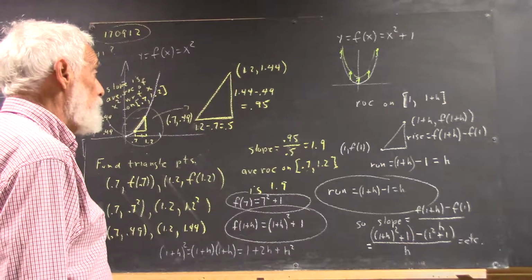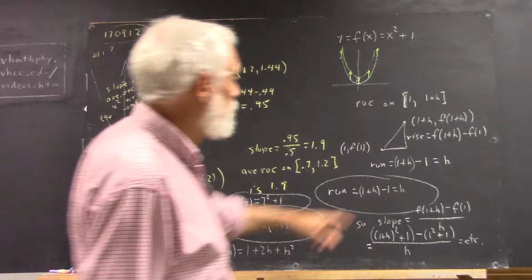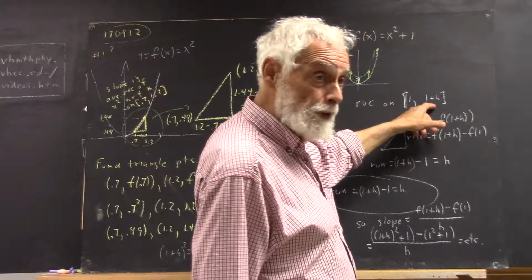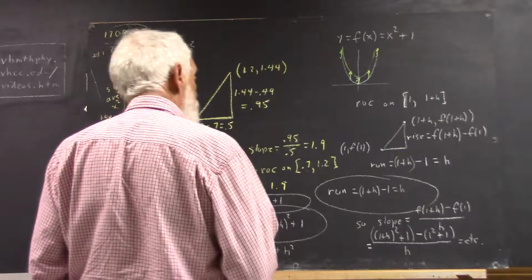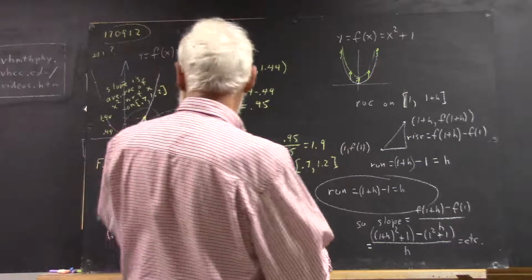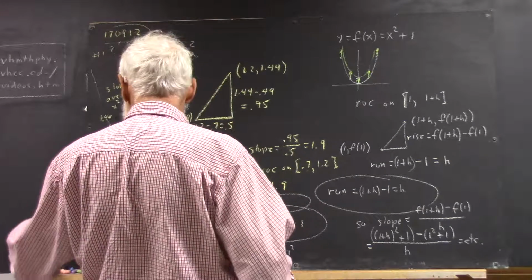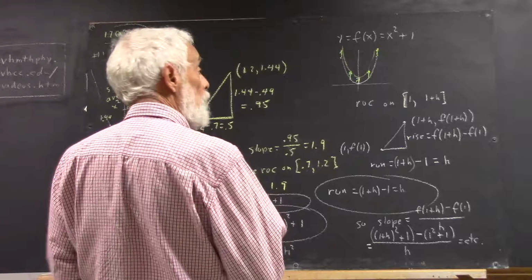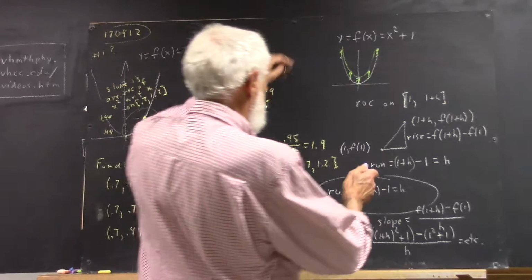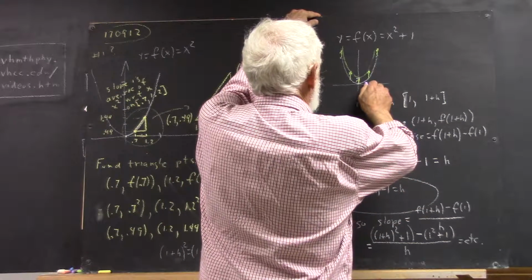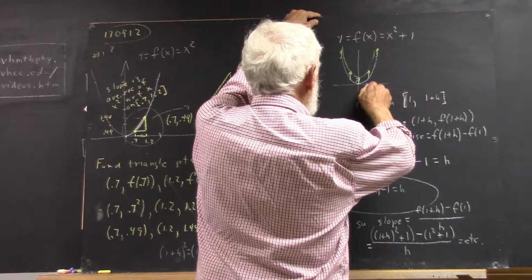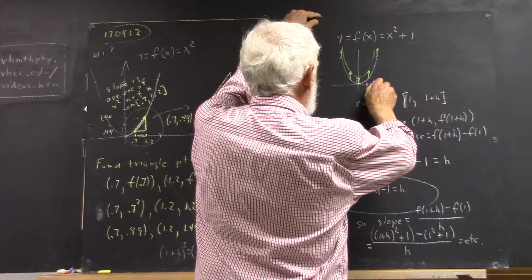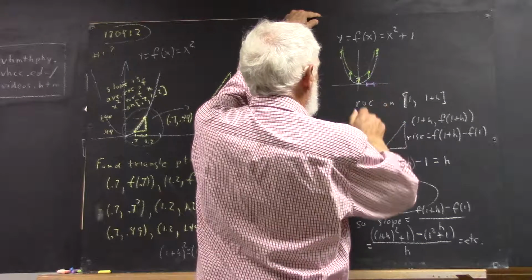Now we want the rate of change on the x interval from 1 to 1 plus h. I didn't indicate that interval up here because we don't know what the value of h is. Okay, but if this is where x equals 1, let's just say this is the interval.